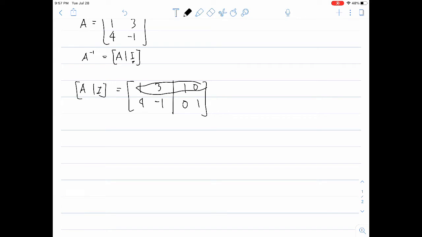Dapat mahimong 0 ang ubos. Since ang R sub 2 atong ginausab, ang second row, balik ta sa formula: R sub 2 minus 4, which is our multiplier, multiplied by R sub 1, is equal to our new R sub 2.